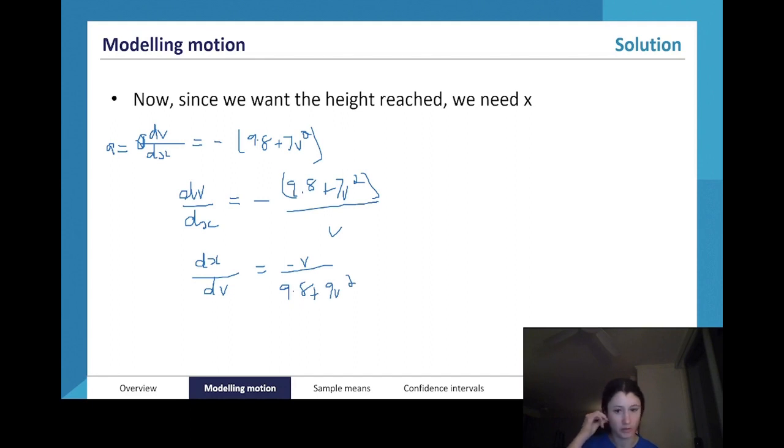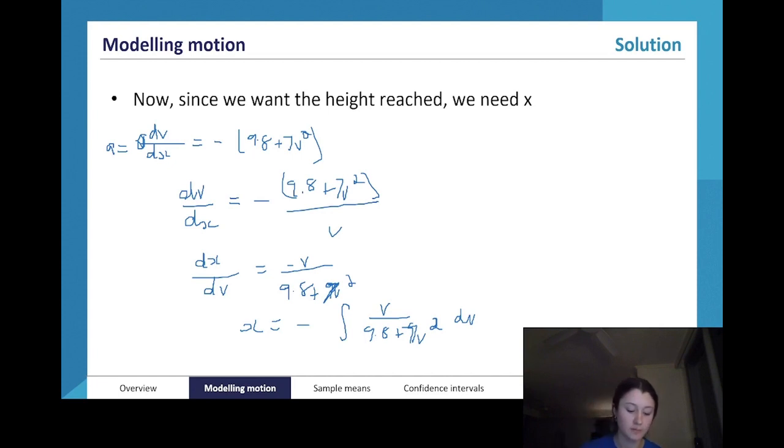Now we can integrate this with respect to v. So we're going to get that x is equal to the integral of negative v over 9.8 plus 7v squared dv.